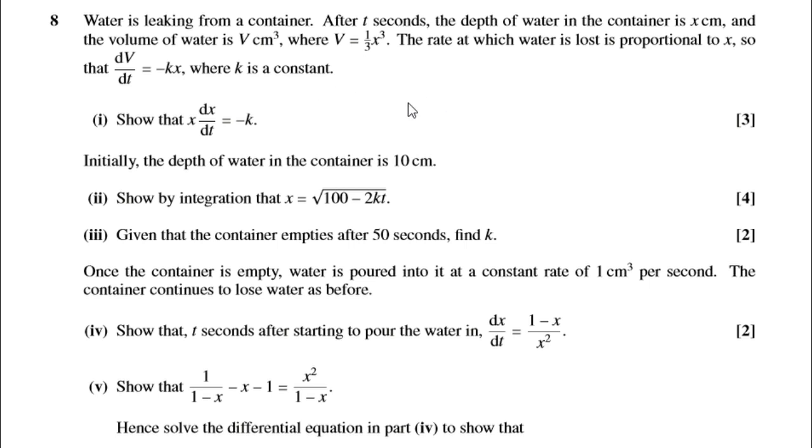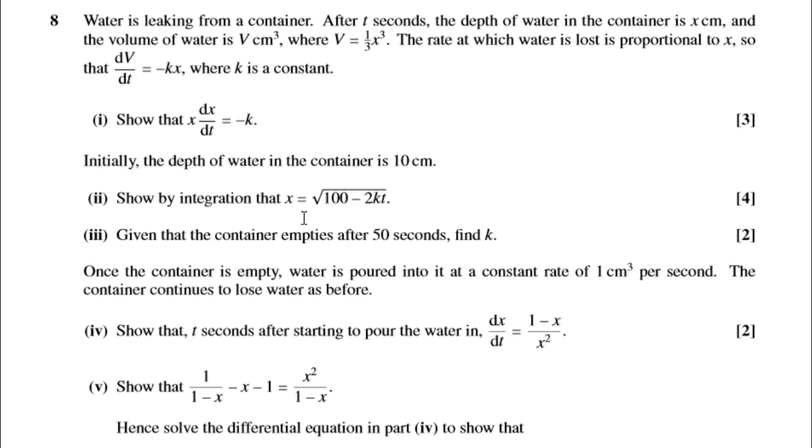So that's a mouthful of information that we need to interpret. And first, show that x dx by dt is equal to minus k. And initially the depth is 10 centimeters, so x is 10 and t is 0 because it's initial.